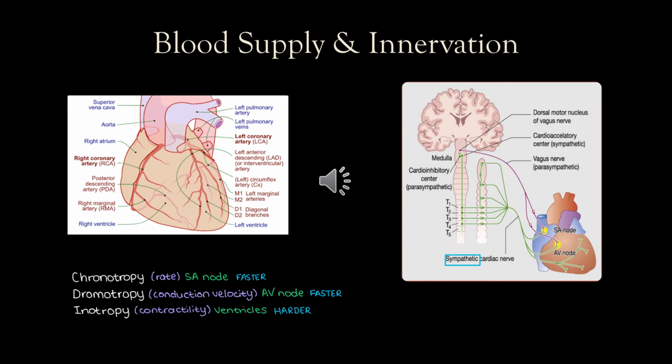The right coronary artery has branches including the sinoatrial nodal branch, the right marginal branch, the posterior interventricular branch, and the atrioventricular branch. The left coronary artery, on the other hand, also has branches, mainly the circumflex, the anterior interventricular, otherwise known as the left anterior descending or LAD, and the left marginal branches. Together, these arteries ensure that the whole heart is supplied.